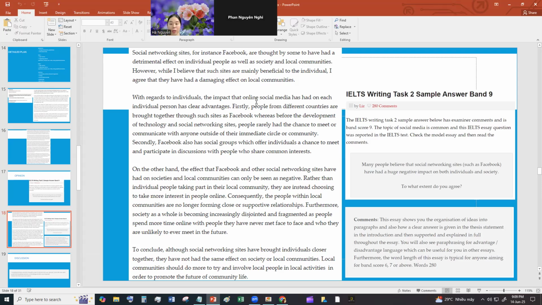So there you go. Even though the writer divides her argument into two directions, individual level and social level, she does not say, I'm neutral. She does not say, I don't have an opinion. What she actually said is, I disagree at the individual level and I agree at the social level. Okay, so be careful.